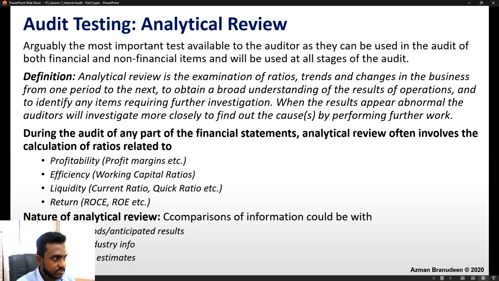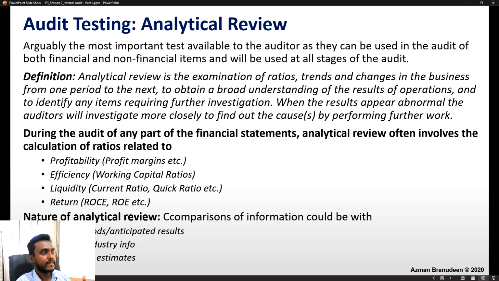So, what does an analytical review involve? If you look at the financial aspect of things here, during the audit of any part of the financial statements, analytical review often involves the calculation of ratios related to profitability, efficiency, liquidity and return.